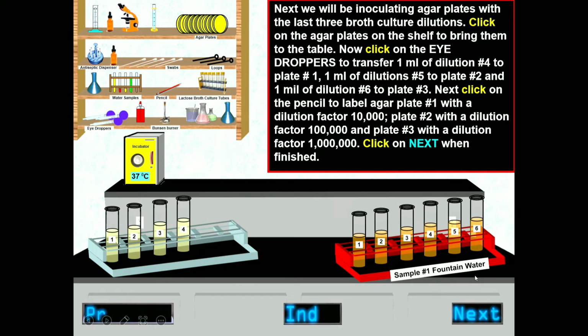Next, we have to inoculate agar plates with the last 3 broth cultures, which are 4, 5, 6. So we click on the agar plate.